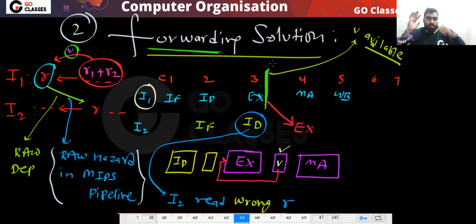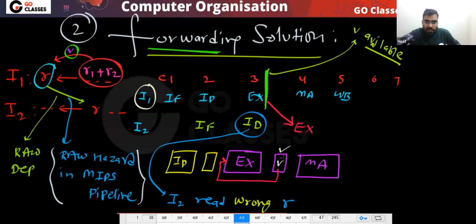So this I2 is reading the wrong value in cycle 3. This instruction I2 is reading the wrong value in cycle 3. So we will rectify that mistake. The correct value from the execution buffer, we will transfer to the execution stage of I2. Understood?